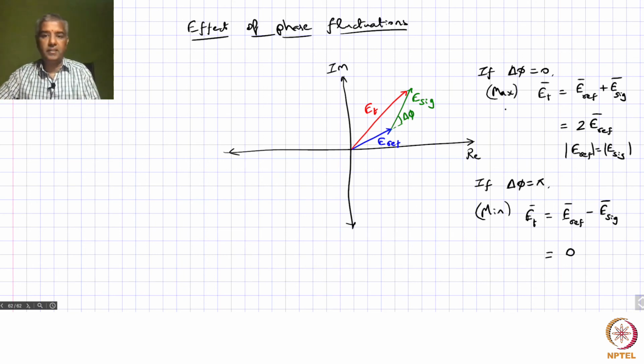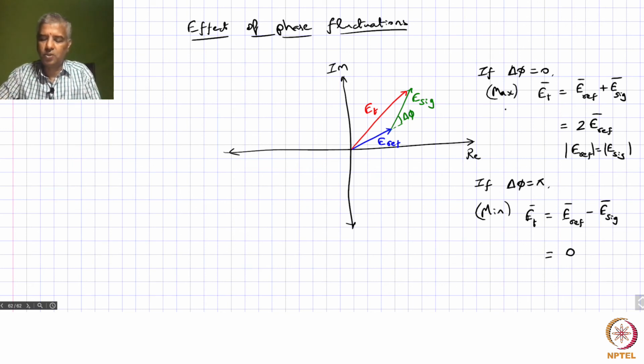Anything in between gives a corresponding intensity, and based on the measurement of the intensity you can figure out the phase of the measured signal with respect to the reference, and everything is great.